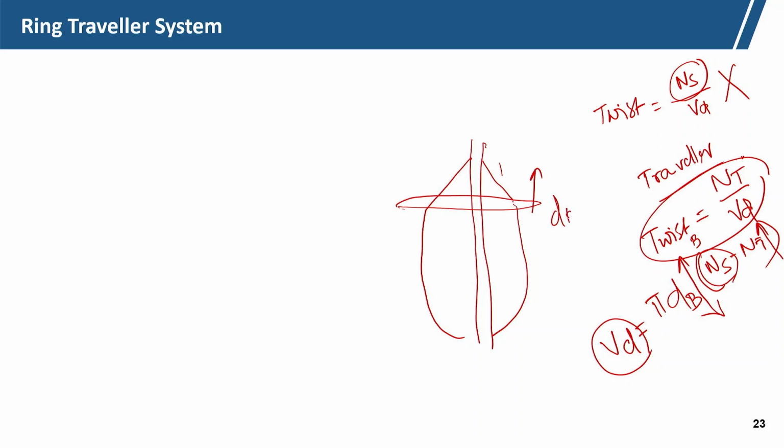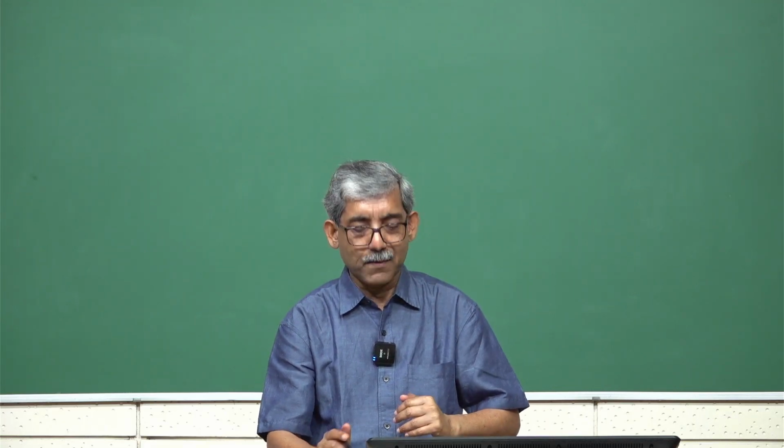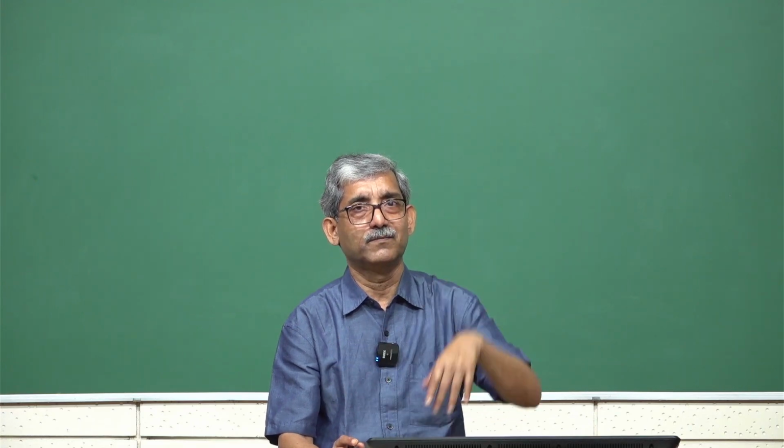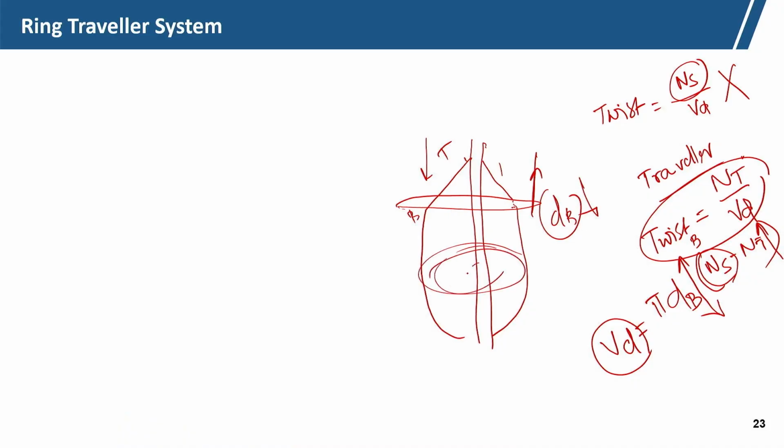So, the diameter of the bobbin is reducing from bottom to top while moving upward, and while moving downward, the diameter of the bobbin is continuously increasing. So, the diameter of the bobbin changes continuously within one layer, even during the winding. First it is a smaller diameter bobbin, then when its package is becoming full, it is a larger diameter. So, we will see the NT is continuously changing.